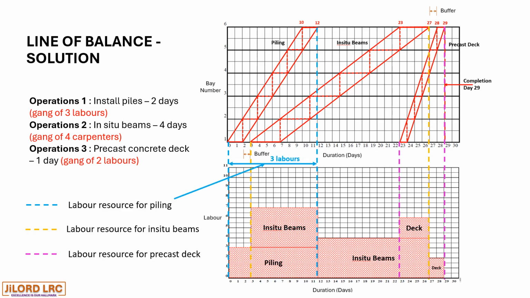So we had 3 laborers for piling, 4 carpenters for in-situ concrete, and 2 laborers for the decking component.